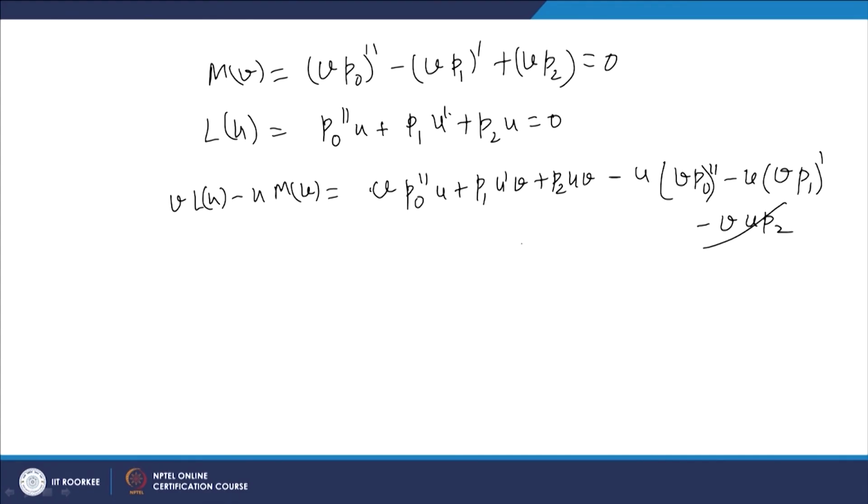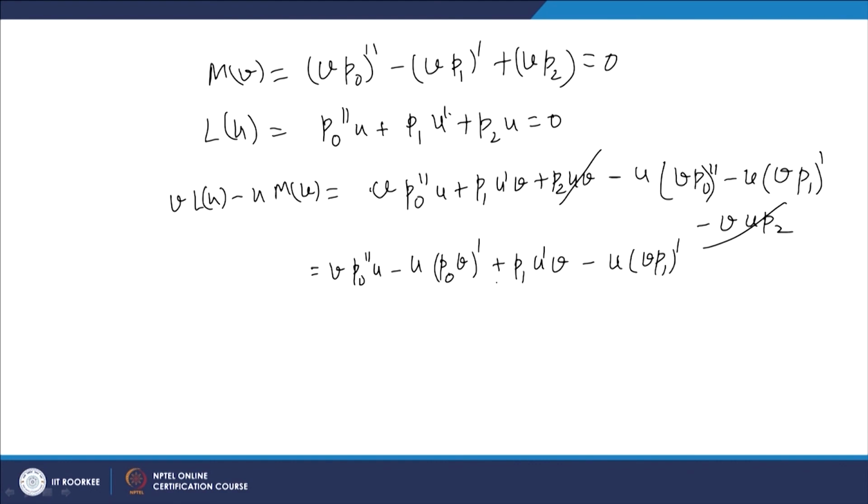So this will cancel out, and what is left is V P0 U double dash minus U P0 V double dash plus P1 U dash V minus U V P1 dash.